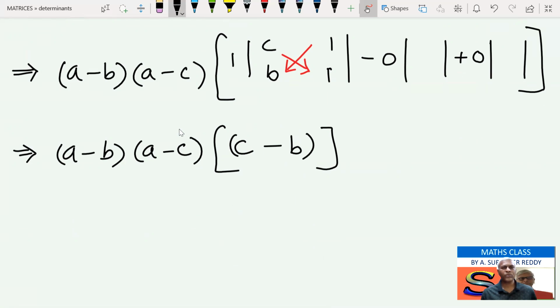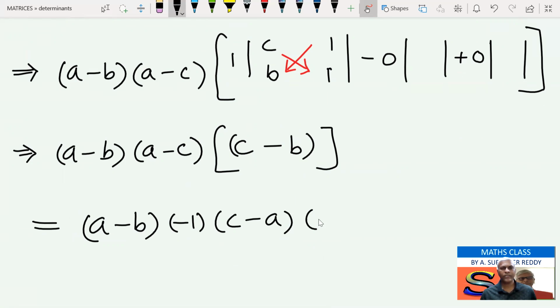So these 2 multiplying with these 2, A minus B as it is, and taking A minus C common with minus, you can write it as C minus A, and minus 1 common from C minus B, you can write it as B minus C. So minus into minus will become plus.